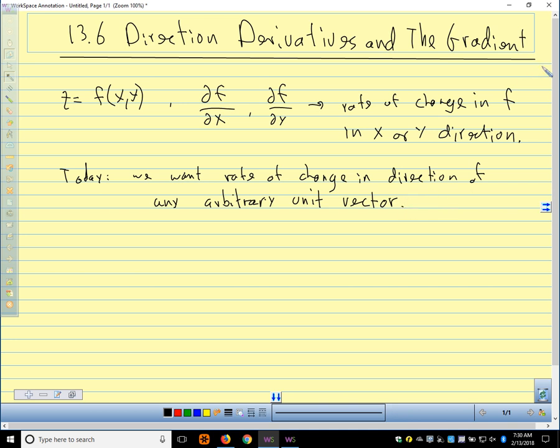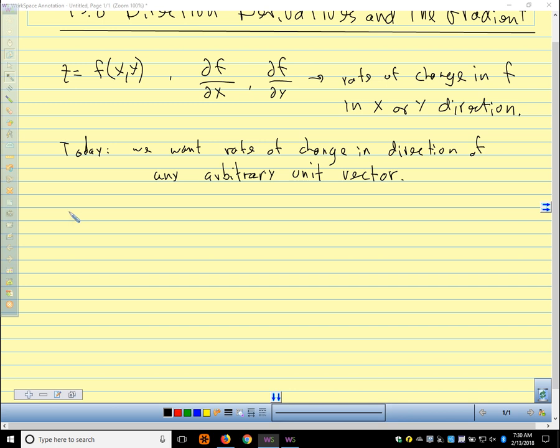All right, so we're going to say that z equals f of x, y, and our unit vector is going to be u equals <a, b>, where the magnitude of u is 1. And we're interested in a particular point, x0, y0.